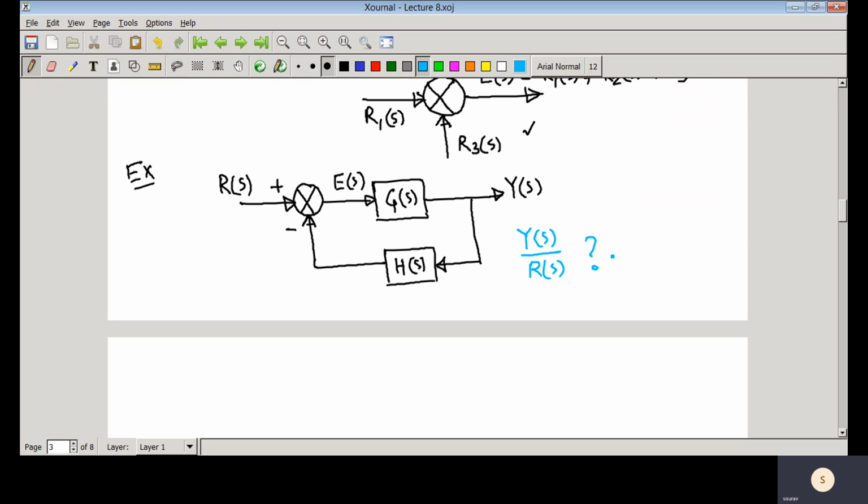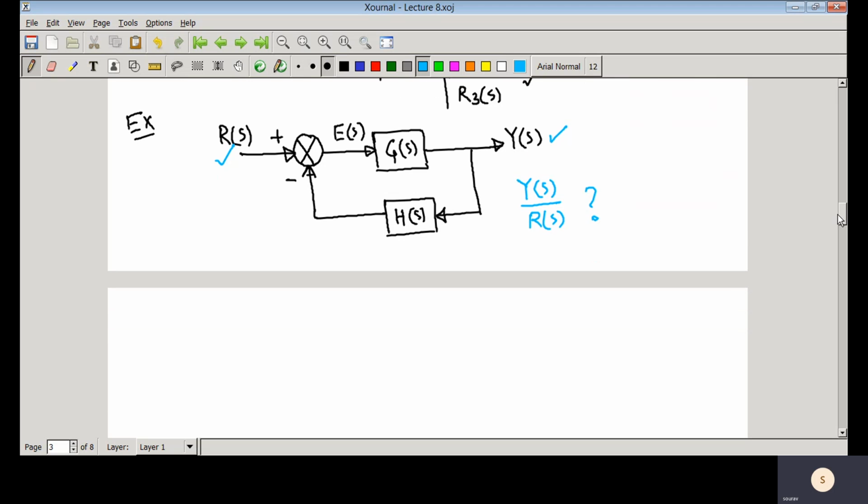That means what is the transfer function from this reference signal to the output signal, the measured output. So how to solve it? All the signals and everything are seen in algebraic form, so just algebraic operations take place.